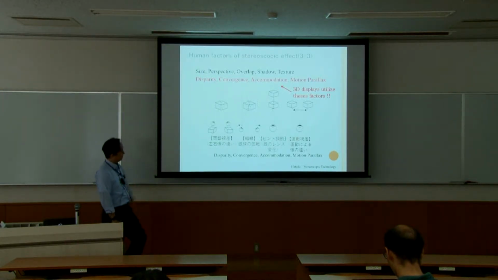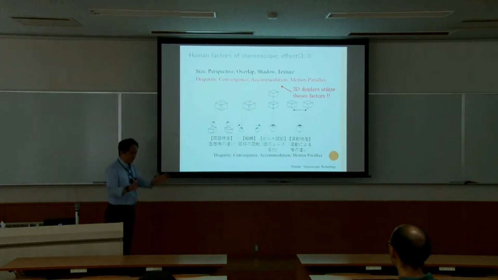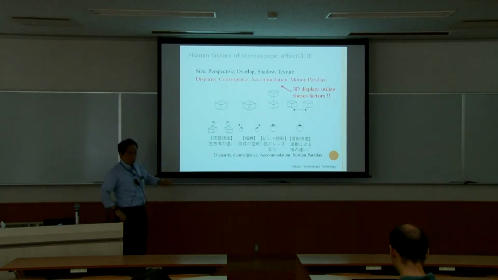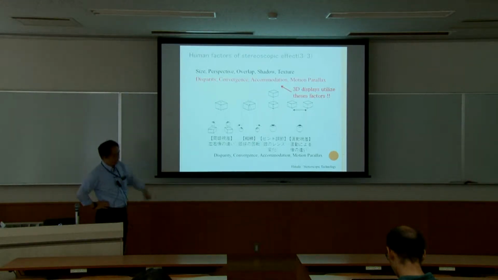The second one is convergence. Convergence means the rotation of the eyeballs. And the third is accommodation. Accommodation is the adjustment of the focal length of the eyeball. And the fourth is motion parallax.